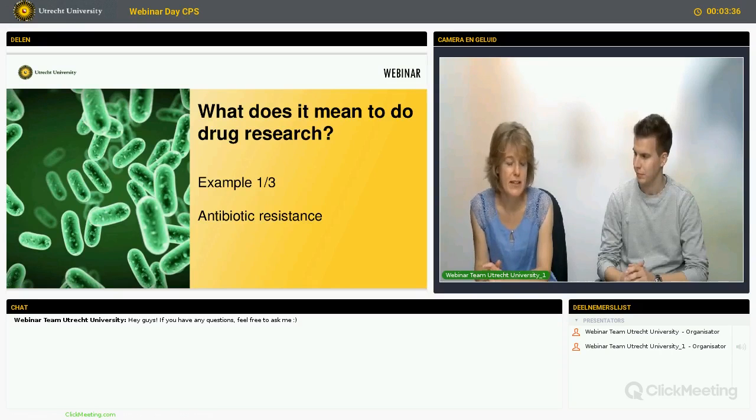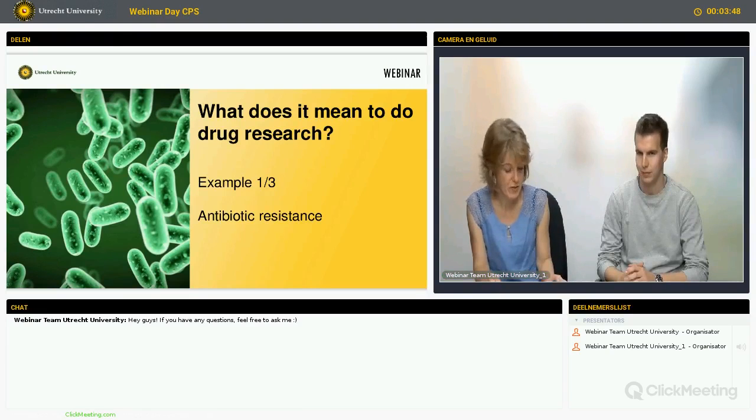At the moment in Europe, it is estimated that 25,000 people a year die because there is no antibiotic drug available to treat them. So it's very important that new antibiotic drugs are developed.